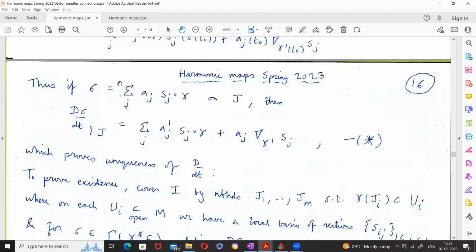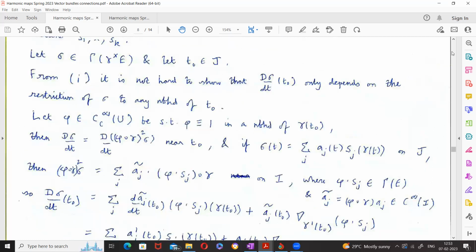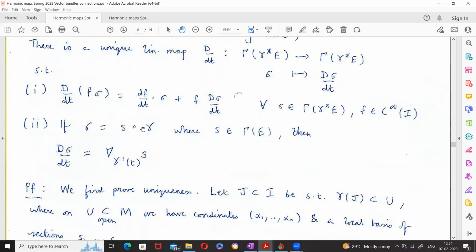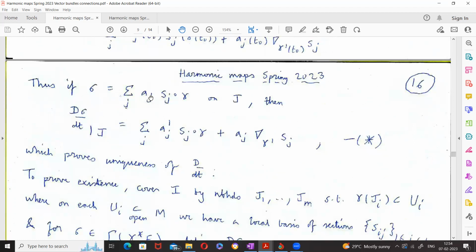So, I mean, the point is any sigma is not necessarily of the form S composed with gamma. It's not given by restricting a section of E to gamma in general, but locally, it is a sum of such. It's a linear combination of some Sj composed with gamma. Okay.